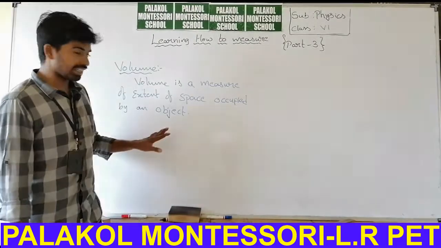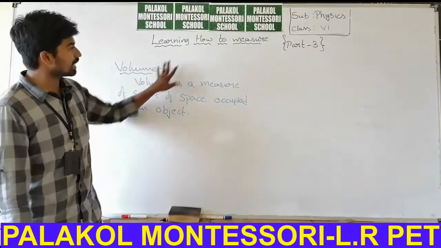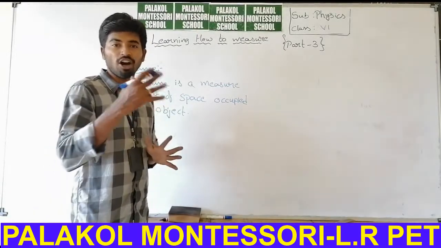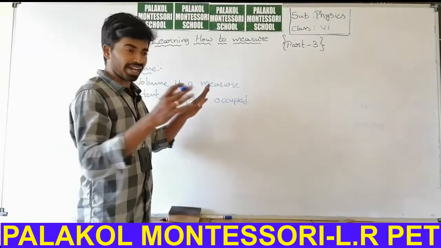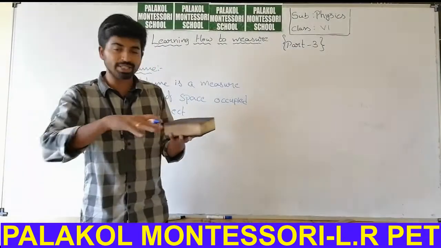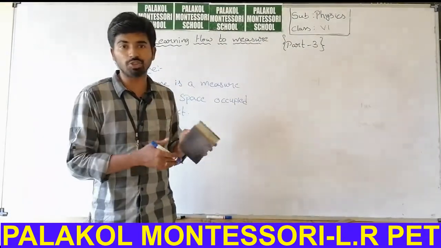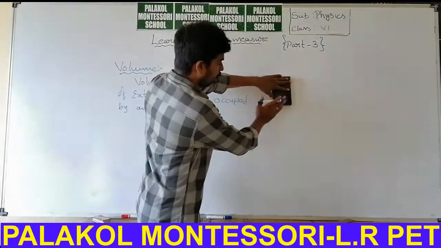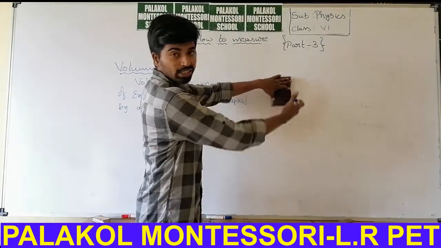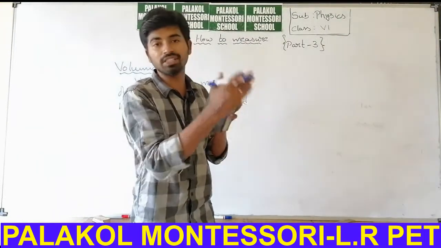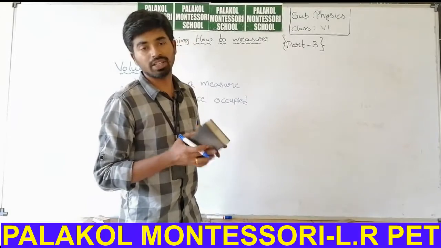So area is the space occupied on a plane surface, whereas volume is the space occupied by the object. This particular object is occupying some space in the three-dimensional view. The space occupied on the plane is called area, and the occupied space by this object is called volume.